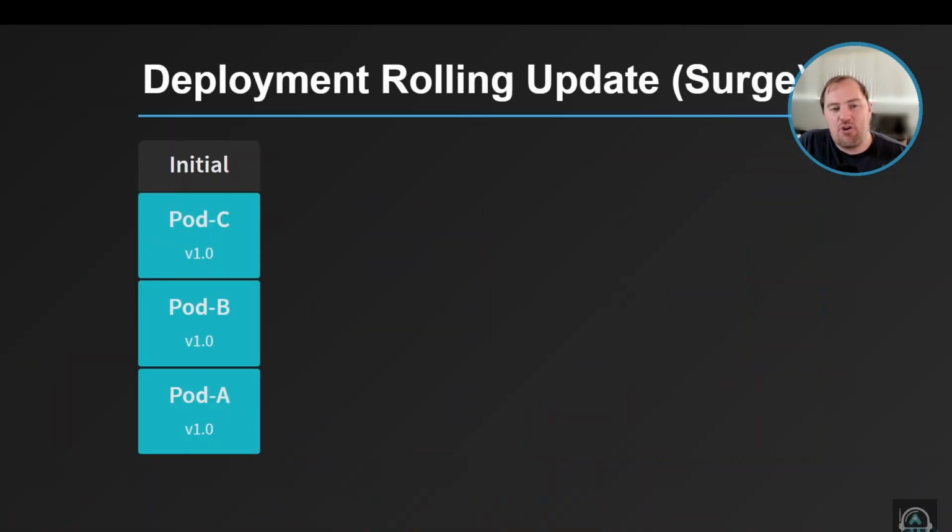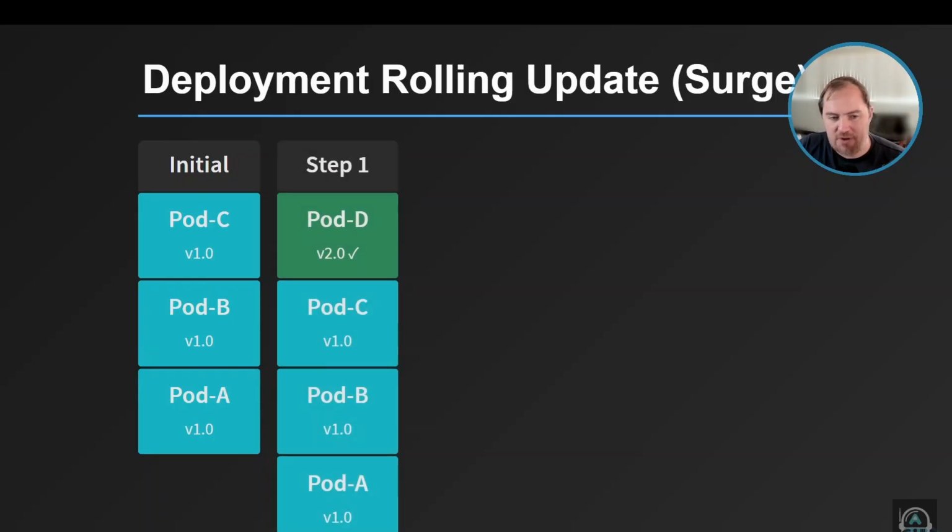The other approach using rolling updates is a little gentler on the cluster. We have the same number of pods, but what's going to happen here is we're going to configure it to surge, where it's going to bring in an additional brand new pod that is going to have the new version of the software running on it.